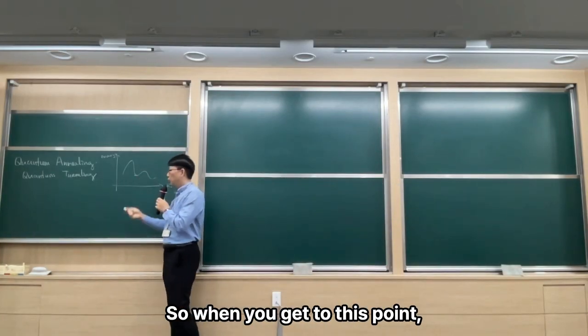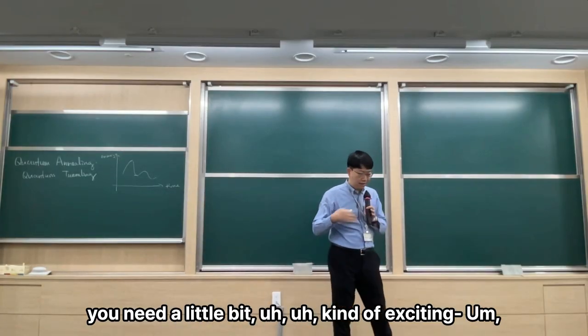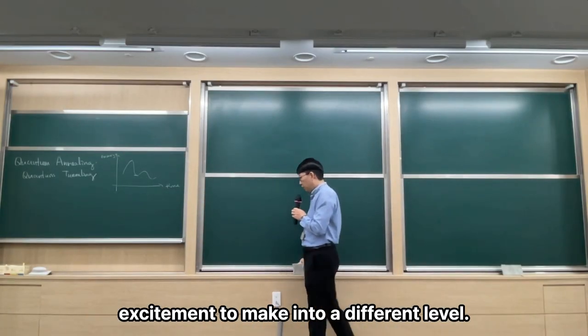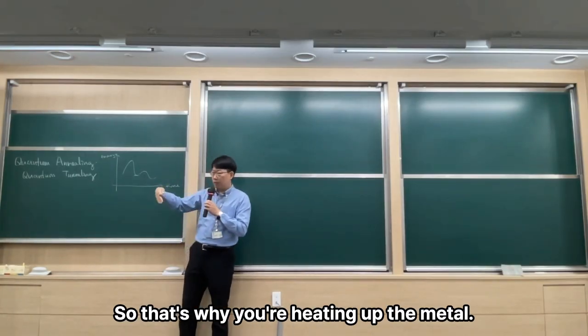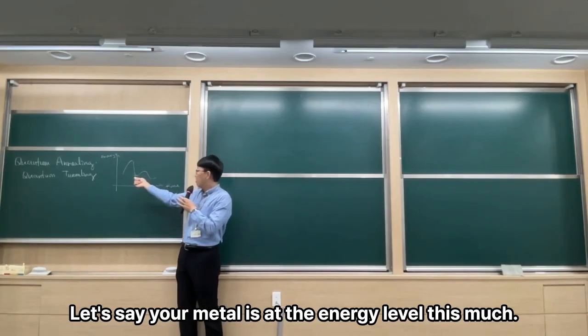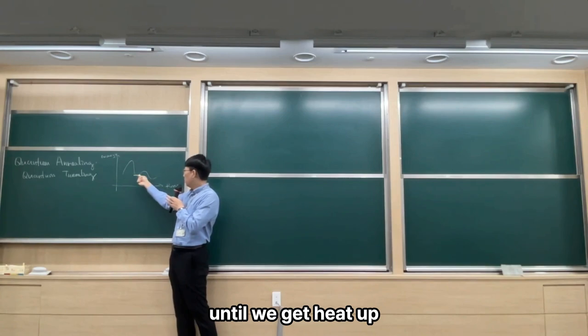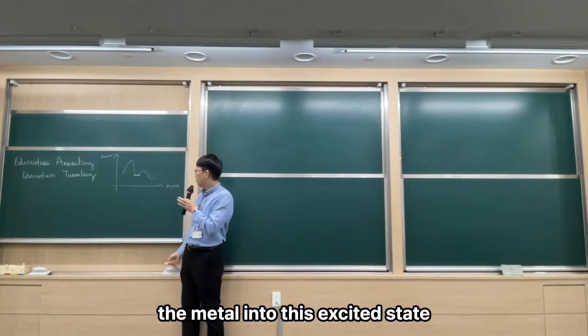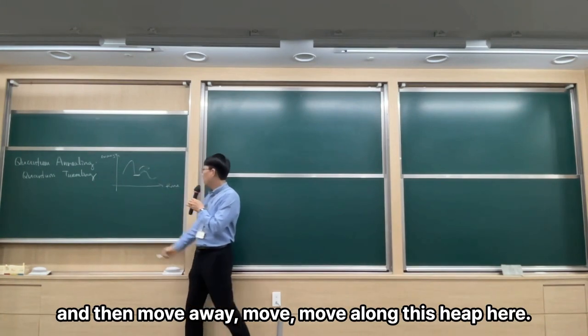When you get to this point, you need a little bit of excitement to get into a different level. That's why you're heating up the metal. Let's say your metal is at this energy level, and you're not going to get to the next level until you heat up the metal into this excited state, and then move along this hump here.